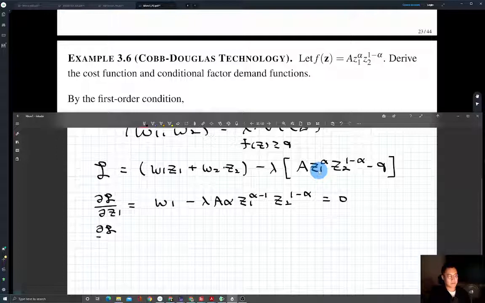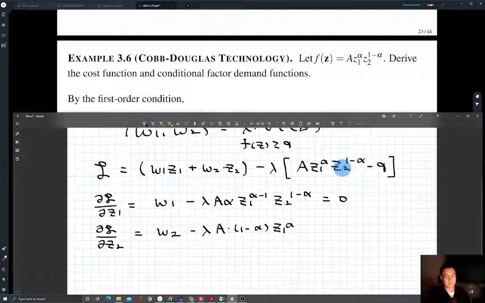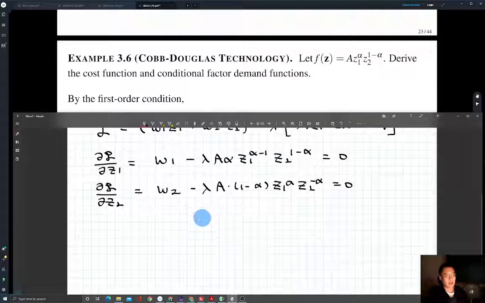The derivative with respect to z2, the other choice variable, gives me w2 minus lambda times A times 1 minus alpha z1 to the alpha and z2 to the power negative alpha, and set it equal to 0. You can solve this using the matrix form, or you can simply divide one by the other, but let me take the second approach.